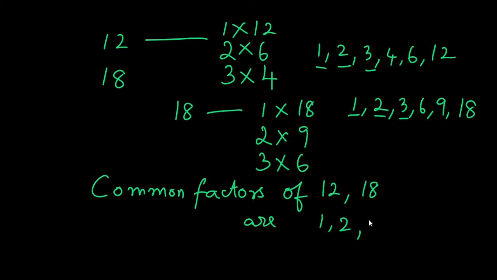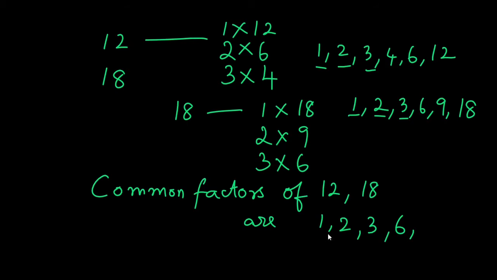Then 3. 4 is a factor of 12, but 4 is not a factor of 18. So 4 is not there. Then 6. 6 is a factor of 12 and also a factor of 18. So 6 is a common factor. 12 is not a common factor. Same way, 9 is also not a common factor.